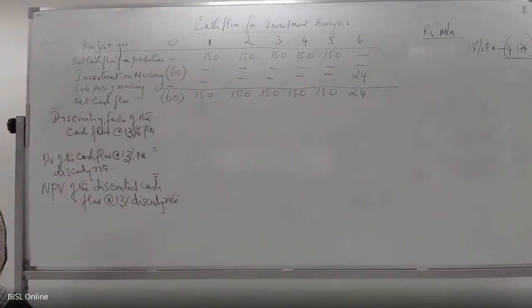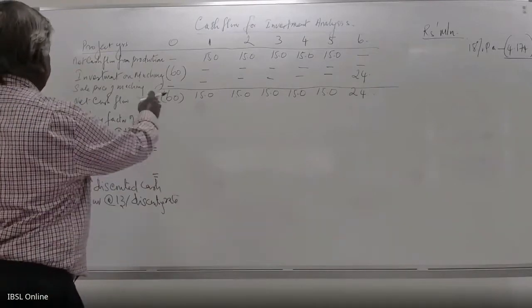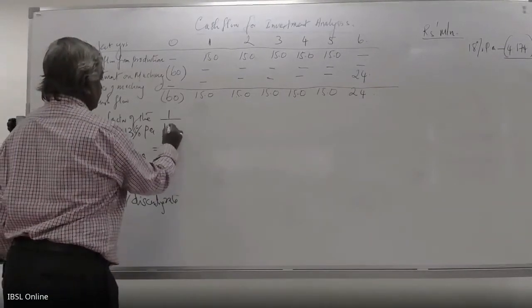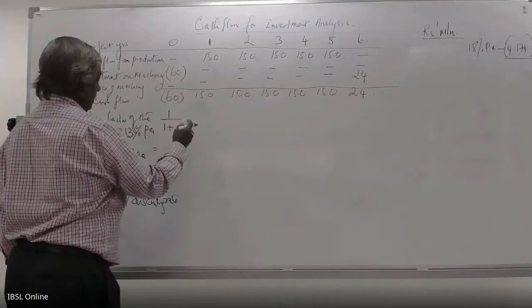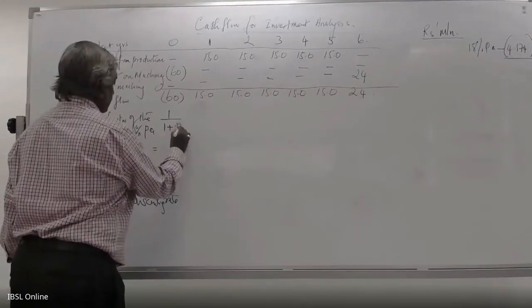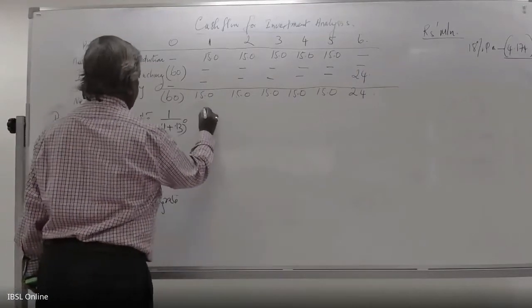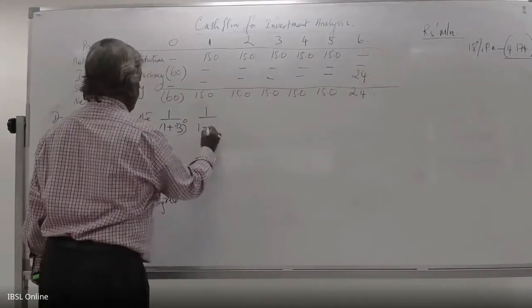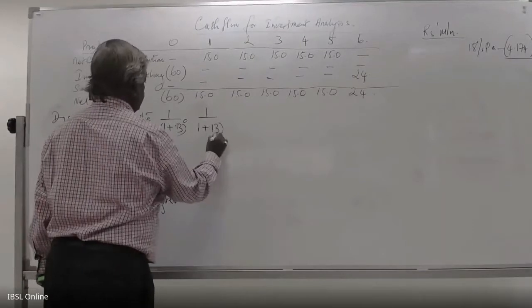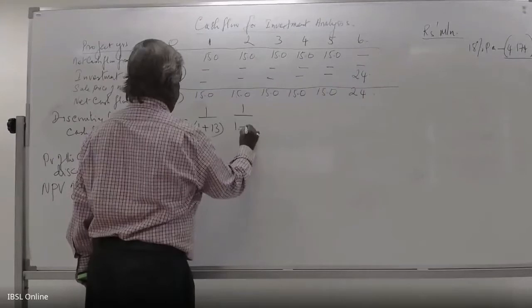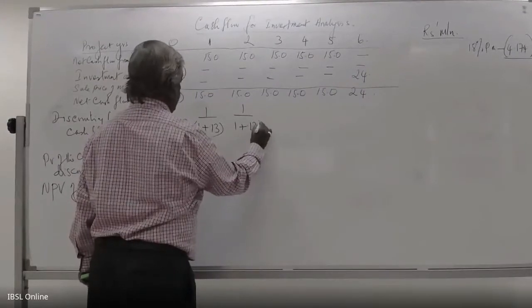So here the discounting factor is 1 divided by 1 plus R, that is 0.13. Here the power is 0, that is 0. Here 1 divided by 1 plus 0.13. Here 1 divided by 1 plus 0.13 to the power 2.